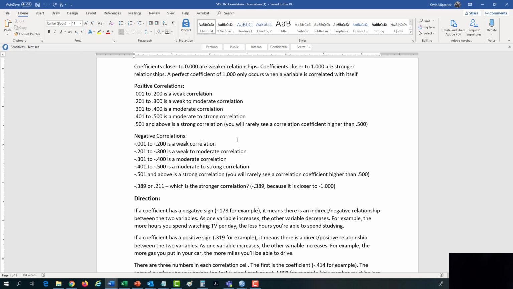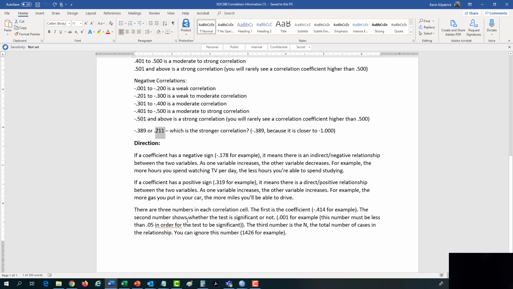Whatever the number is that's closer to 1 or -1, the higher number is going to be the stronger correlation. What screws you up is you have a negative and a positive, and you think that 0.211 is stronger, but it's not. It's the one that's closer to 1 either way.